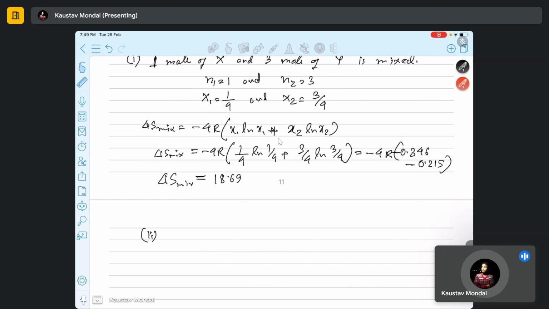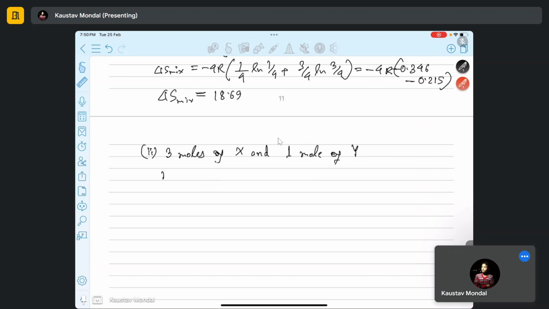Next option is option 2, that is 3 moles of X and 1 mole of Y. Here N1 is 3 and N2 is 1, so X1 will be 3 by 4 and X2 will be 1 by 4.